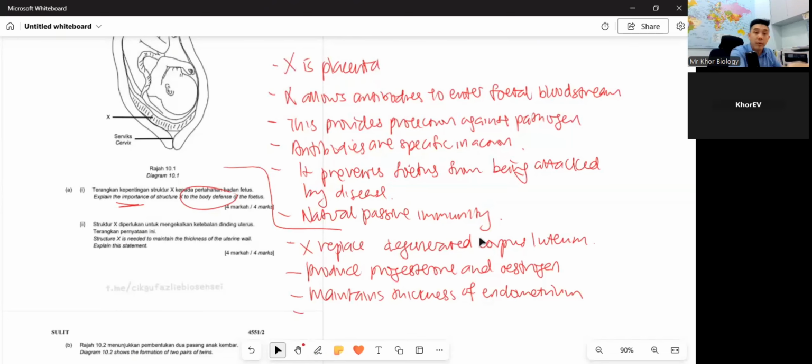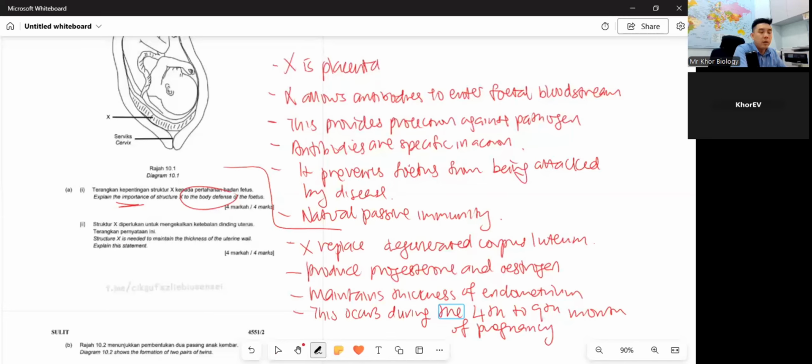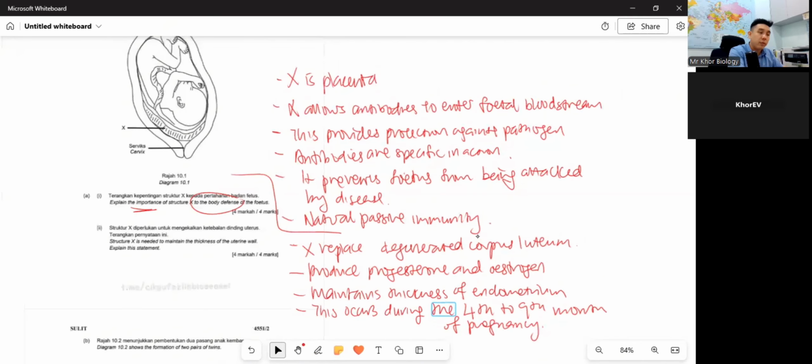This occurs during the 4th to 9th month of pregnancy.